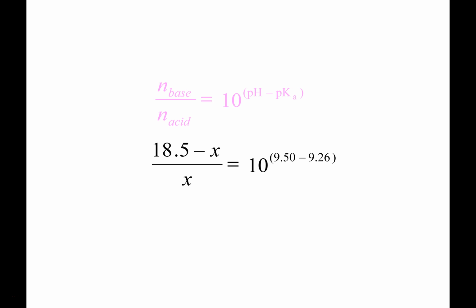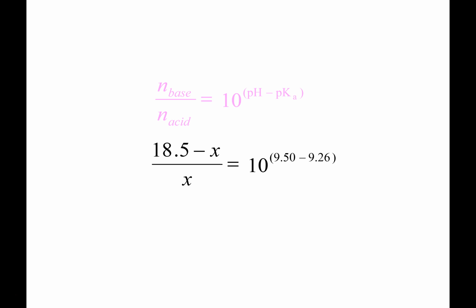We sure can. So 18.5 minus X, which is your NH3 millimoles present, over X, which is your millimoles of NH4 plus formed, needs to be equal to 10 raised to the pH minus pKa, 10 raised to the 9.50 minus 9.26.